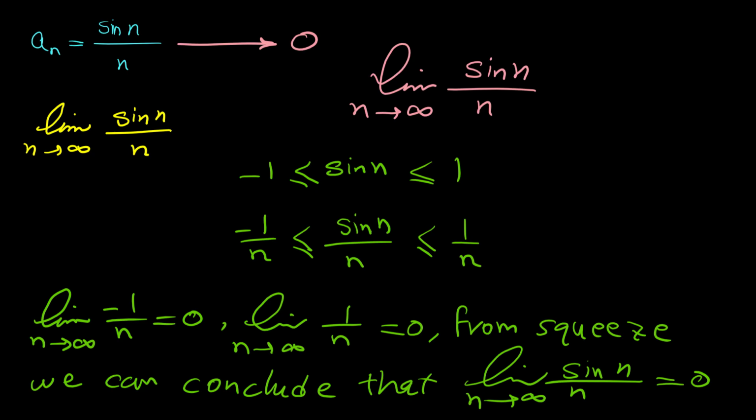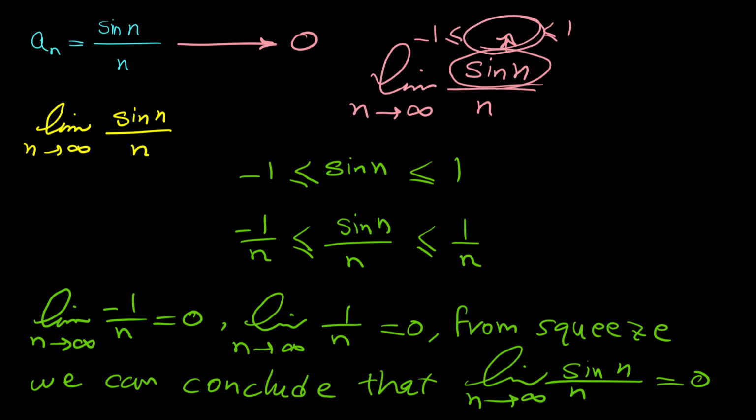Please pay attention. We have a fraction. The denominator of this fraction is n, and n approaches infinity. The numerator is sine of infinity, and sine of infinity does not exist. That's right. But although this limit does not exist, we know something about sine. We know something about cosine. What is that? We know that whatever it is, it is between 1 and -1.